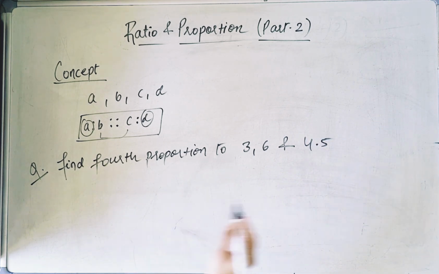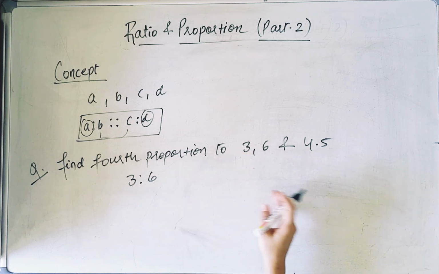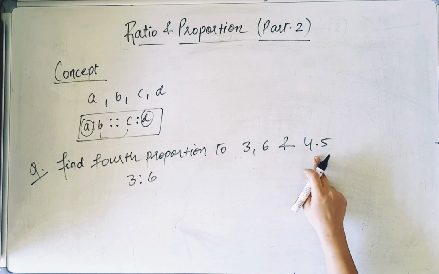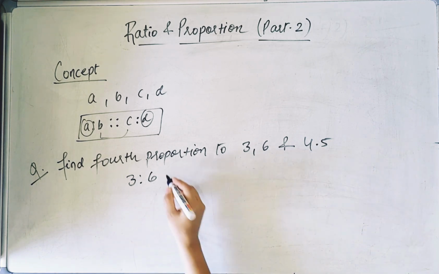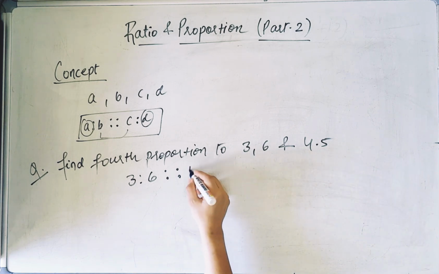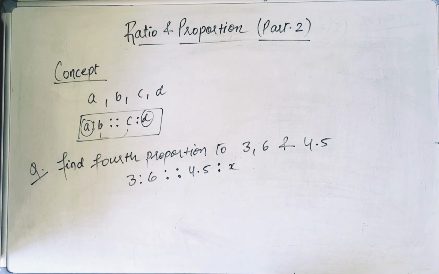That means how will we write this? 3:6, we have to find its fourth proportion. This is the first term, this is the second, this is the third, and we assume the fourth quantity to be x. So 4.5 is to x. We read it in the same way: 3:6 proportion 4.5 is to x.